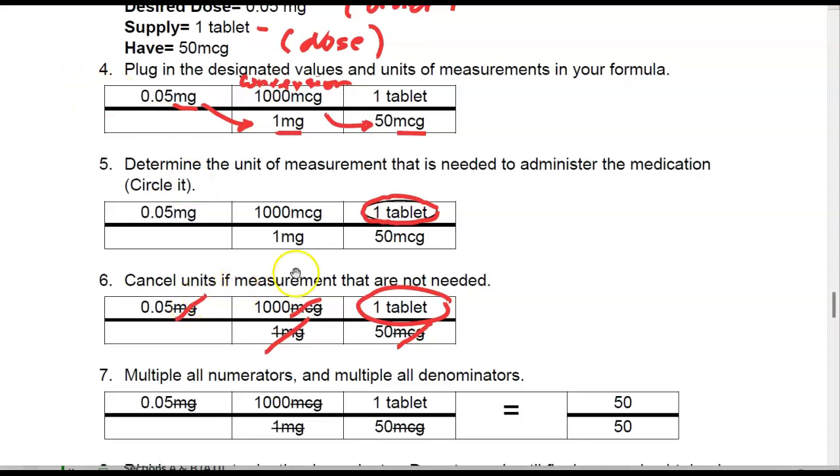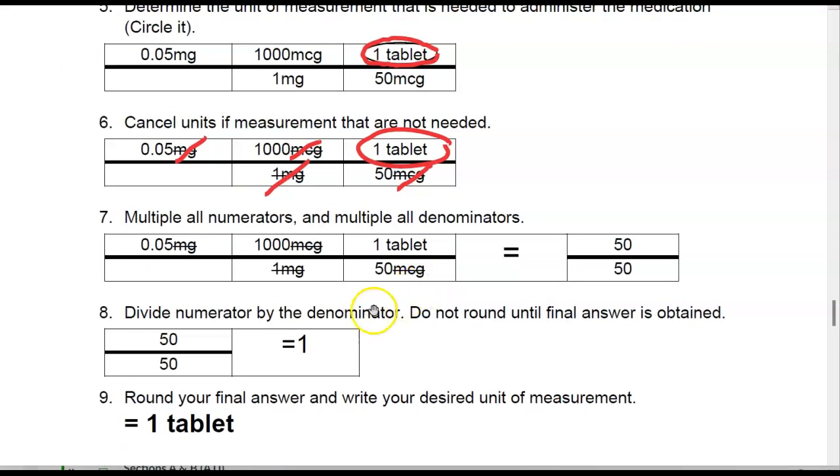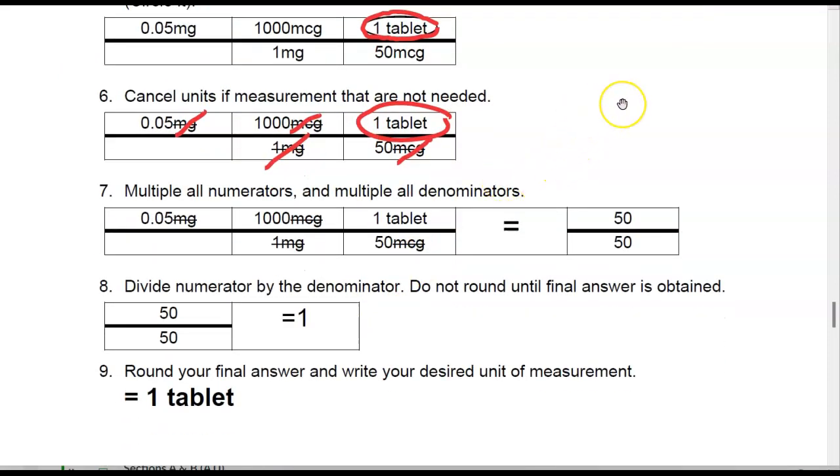And after we do that, step 7, we multiply all numerators and multiply, sorry about the misspelling, all the denominators. So this is what we do. This is multiply.